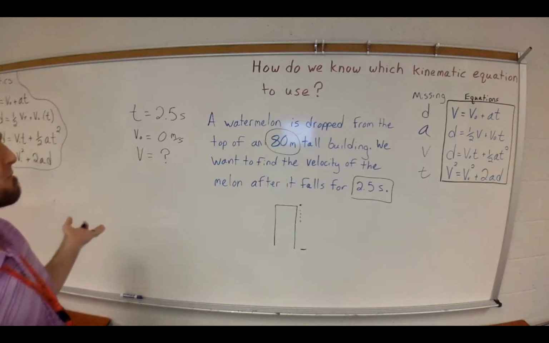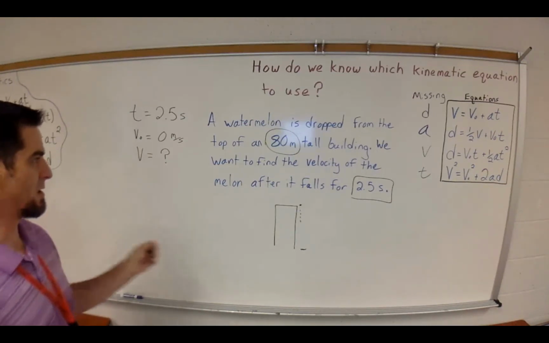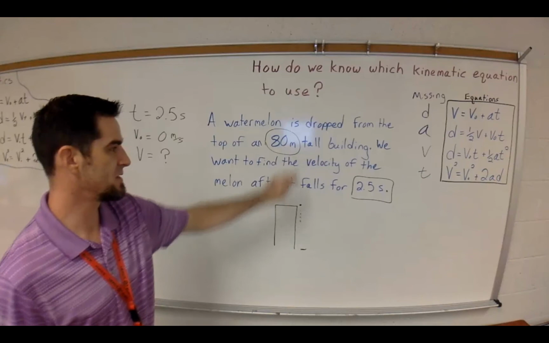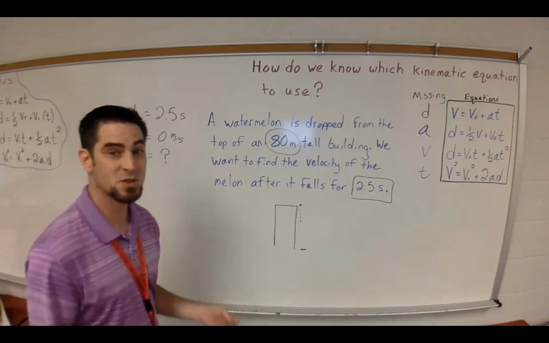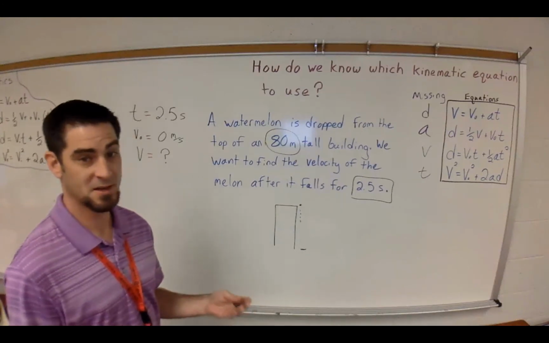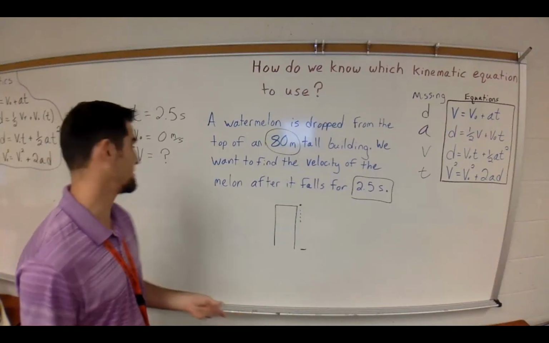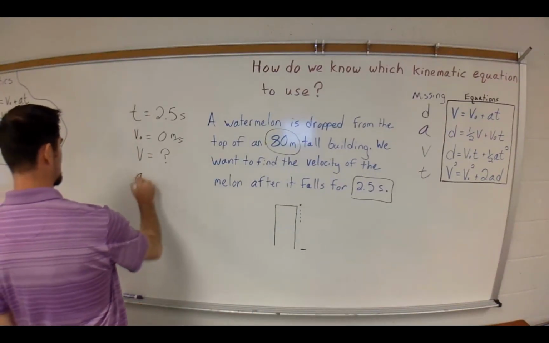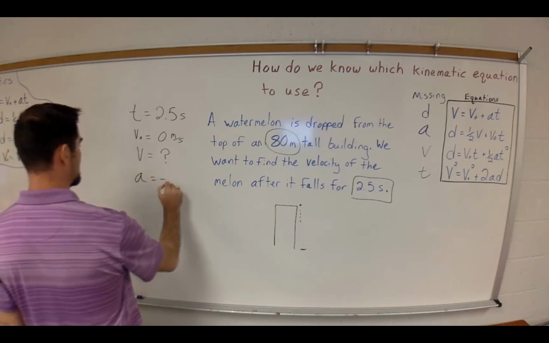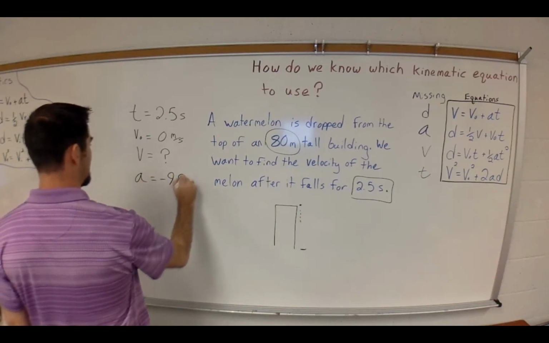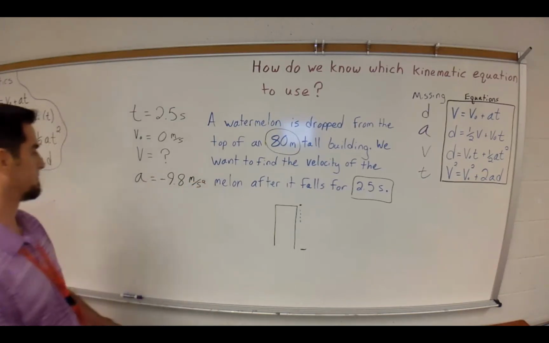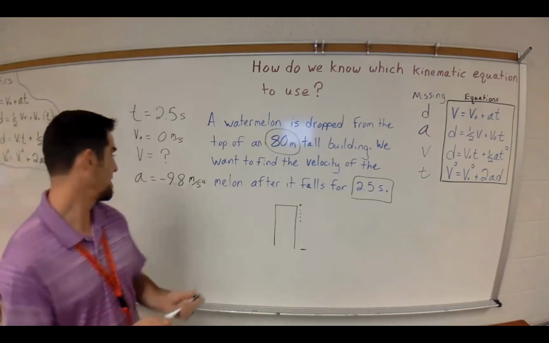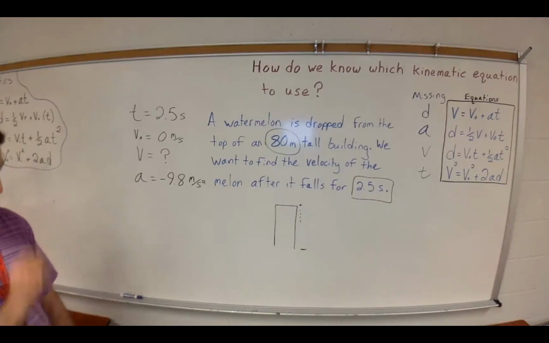So what's our fourth variable that we know if we're not using this for distance? Well, remember, when something's dropped on Earth, it's going to have the same acceleration, and that is going to be negative 9.8 meters per second squared. We'll use that for our acceleration.